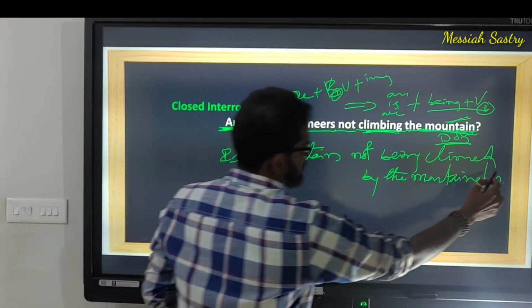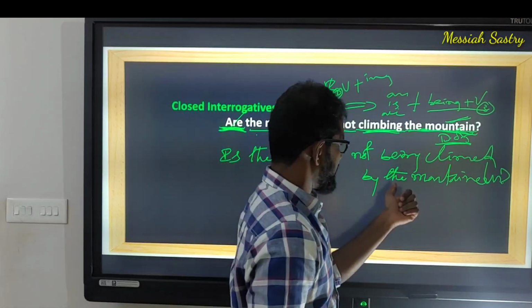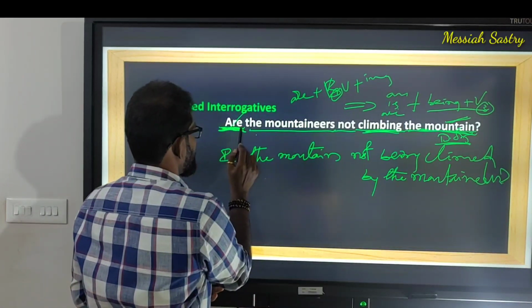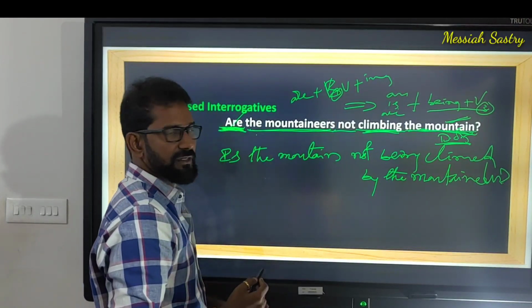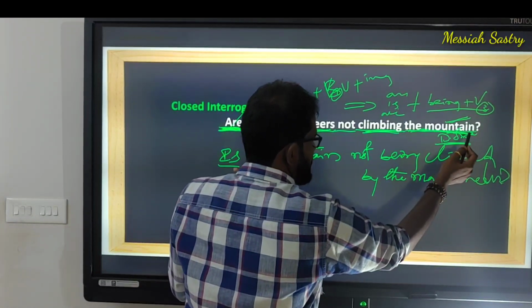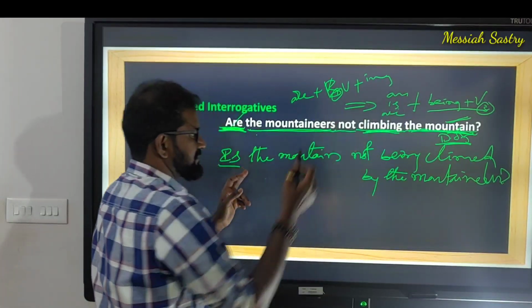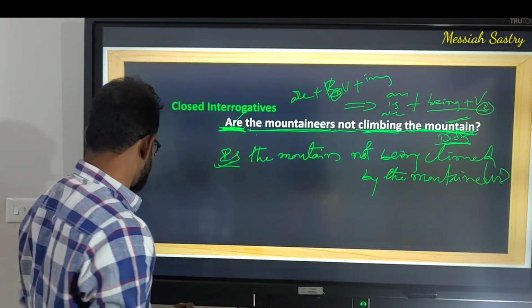Is the mountain not being climbed by the mountaineers? So once again, here it is are because the mountaineers subject is plural, and we used is because the new subject, the object of the active voice, is singular.